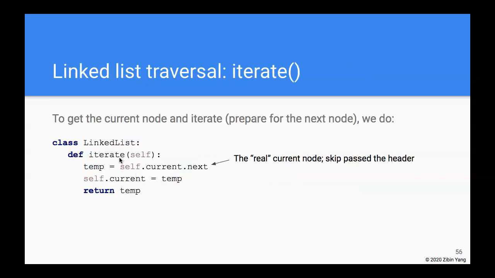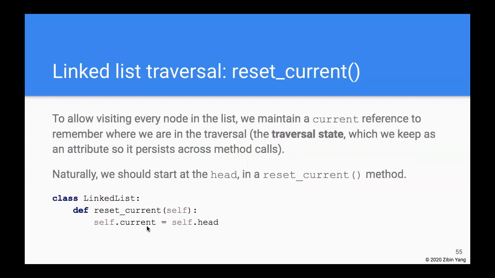So the way to do that is we're going to write an iterate method. And this iterate method, the first thing it does, is remember self.current.next. Now, the reason it doesn't remember what's in self.current is that we start current at the head, and the head pointer is only a placeholder node that does not contain actual data, or it will not eventually when we write the data linked list.